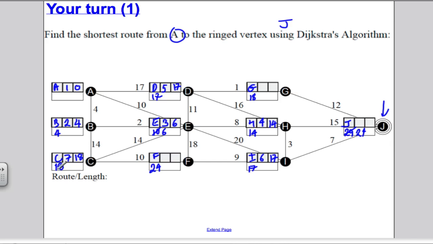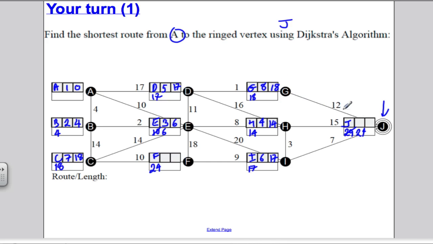Where can I get to here? Well, the only place I could go that's temporary at the moment is along here another 10, which would be 28. That's not better, so I don't write anything in here. Consider all my labels here. I've got 24, 18 and 24. The smallest is clearly the 18, so that must be the eighth one I label with weight 18. Consider everywhere I can get to from here.